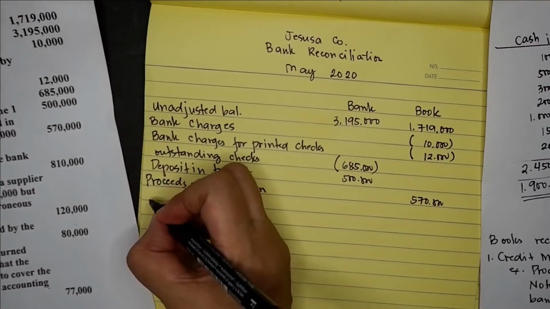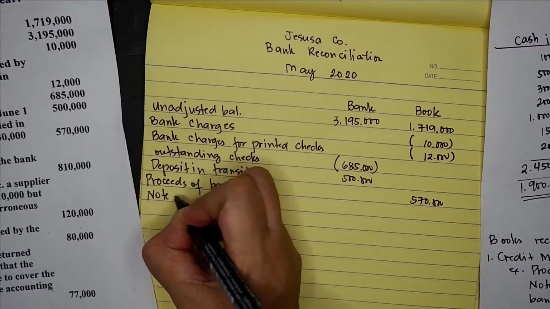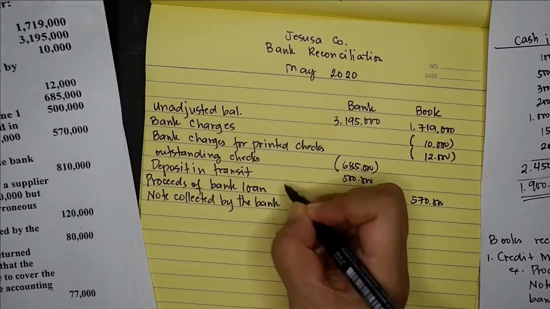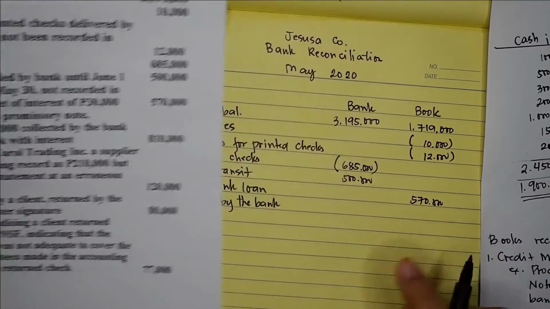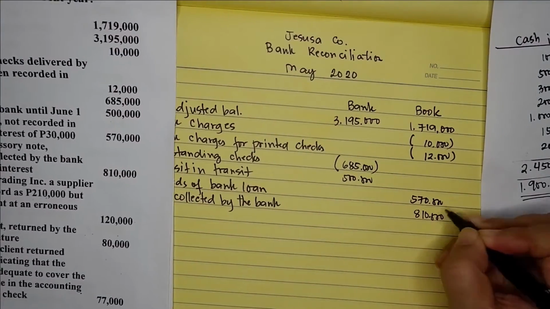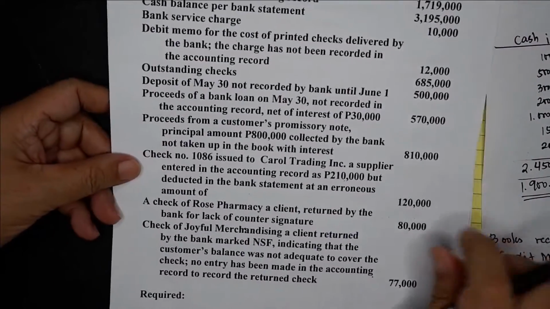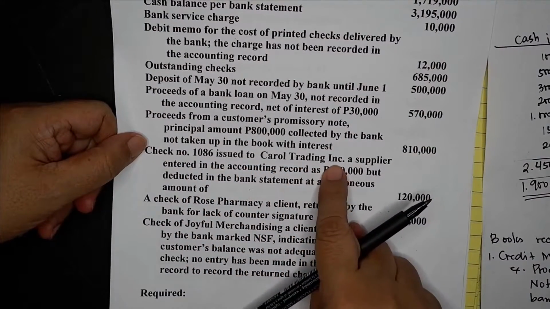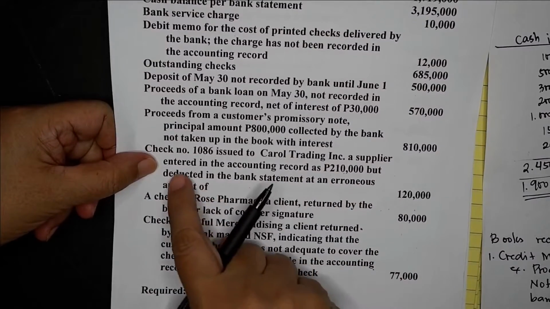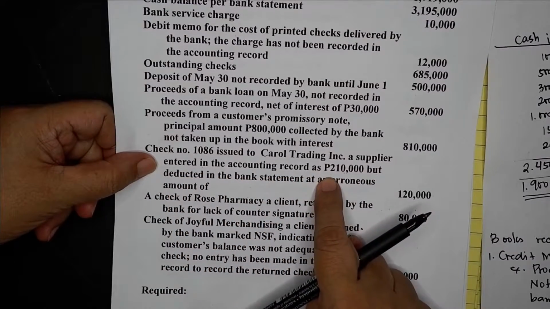So we have note collected by the bank, 810,000, plus to book balance.